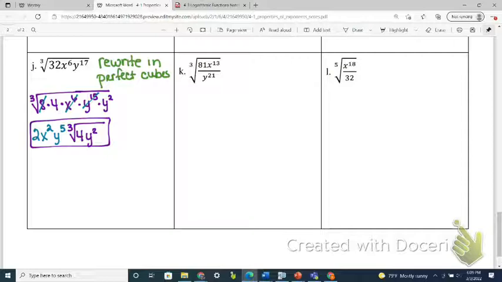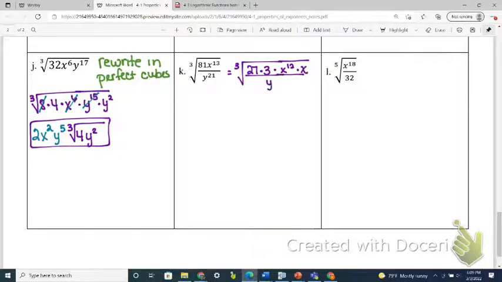On to the next one. Again, perfect cubes, so I need to figure out what number in 81 is a perfect cube. So 81 is 27 times 3. X to the 13th is not divisible by 3, so I go down 1. 12 is, which means I need an extra x.